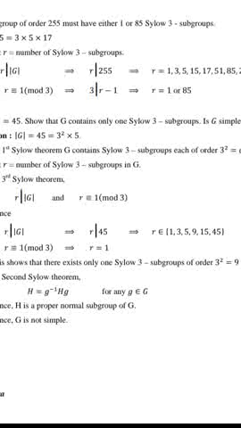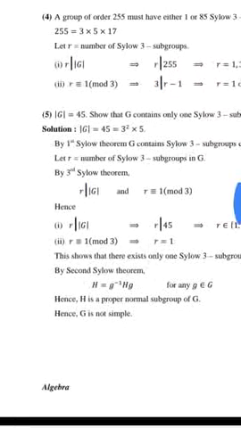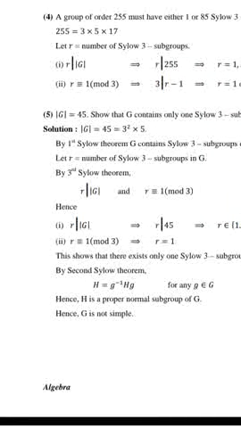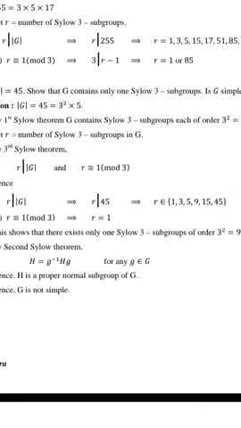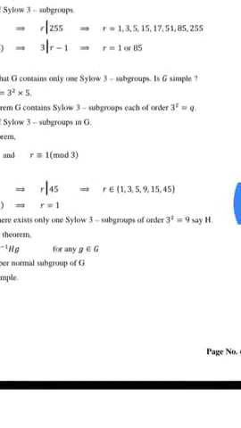R belongs to 1, 3, 5, 9, 15, 45. Since R is congruent to 1 modulo 3, therefore, R is equal to 1. This shows that there exists only one Sylow 3 subgroup of order 3 square is equal to 9.